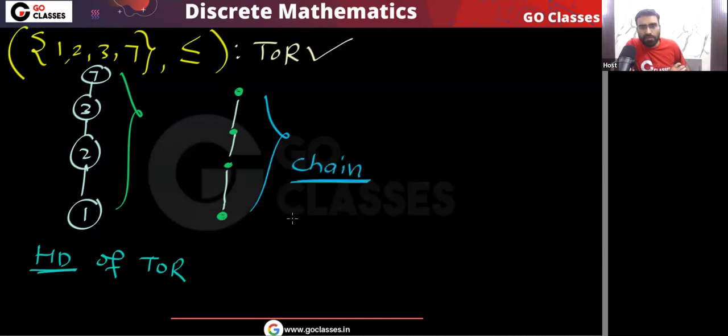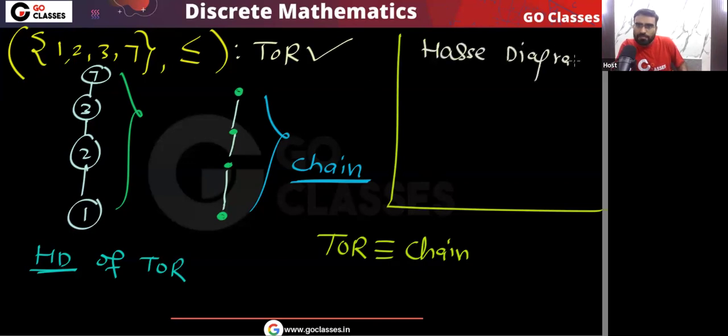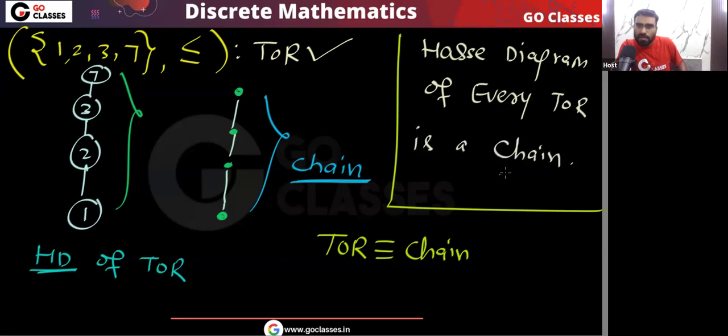This will happen for every total order relation. You can take any total order relation, and this will always happen. That is the reason a total order relation, as I told you, is called a chain. Because the Hasse diagram of every total order relation is a chain.